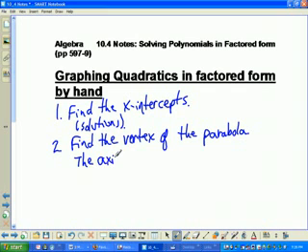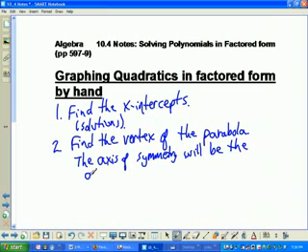The axis of symmetry will be the average of the roots. How do you find the average of two numbers? You add them up and divide by 2. That'll be your axis of symmetry. And then substitute that value to find the y coordinate.